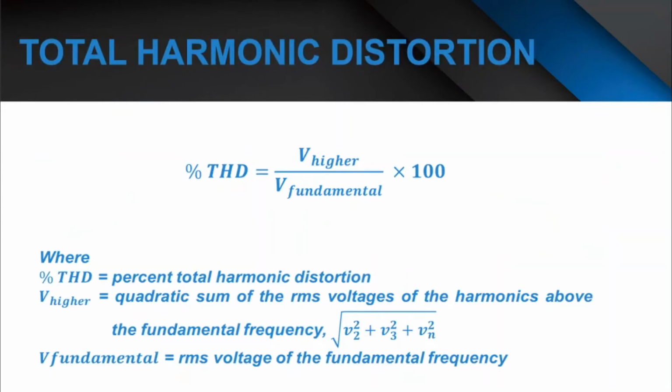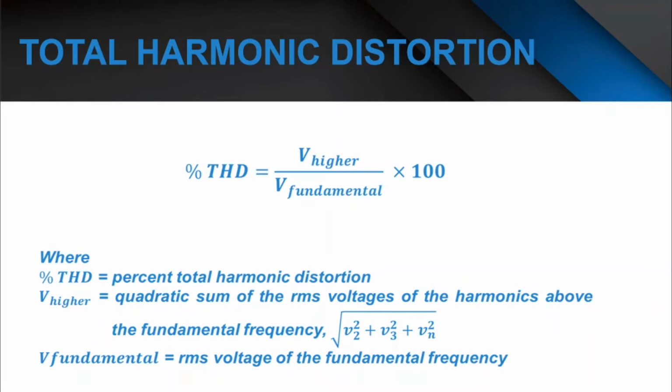So this is how we compute for the percent total harmonic distortion. So for the percent total harmonic distortion or percent THD, we have the formula V higher over V fundamental times 100. The V higher is equal to the quadratic sum of the RMS voltages of the harmonics above the fundamental frequency.